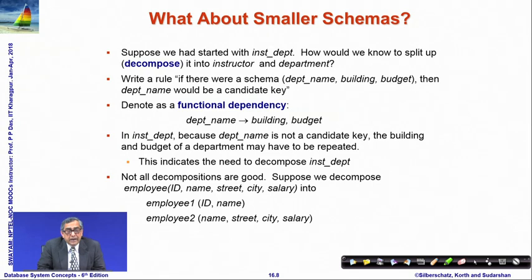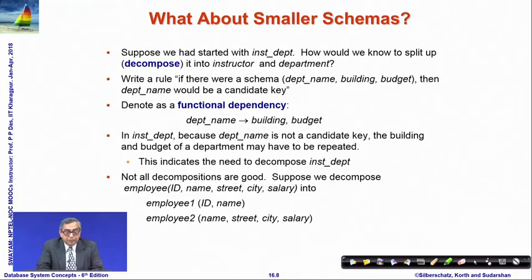But at the same time, let us take a different example. If we are thinking that decomposition is the panacea for solving these kinds of redundancy and related problems, then let us look at a different relation, employee, which has ID, name, street, city, salary.